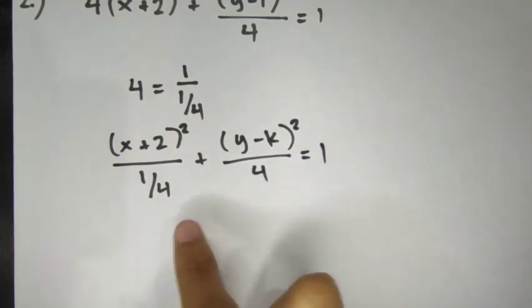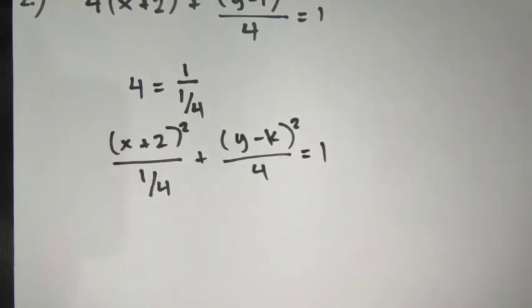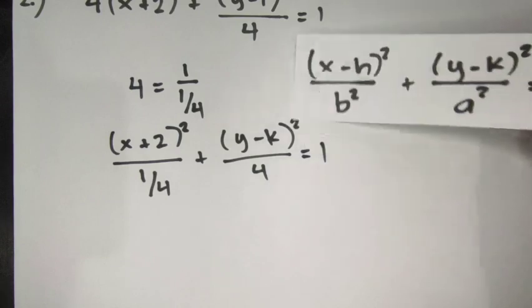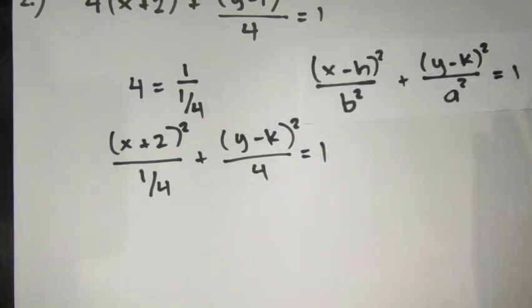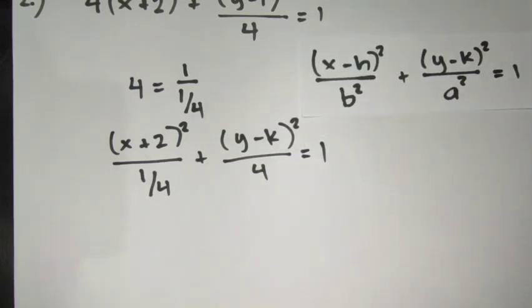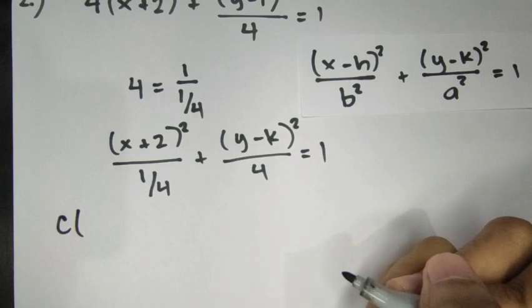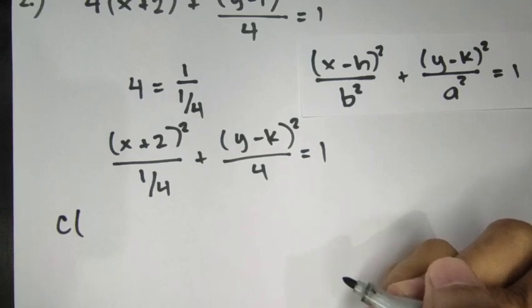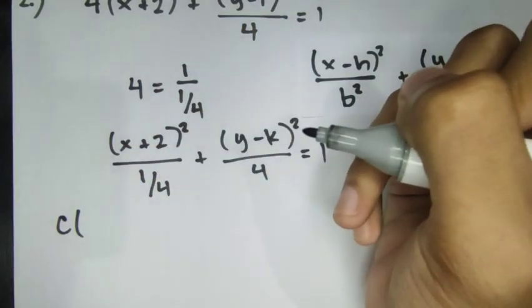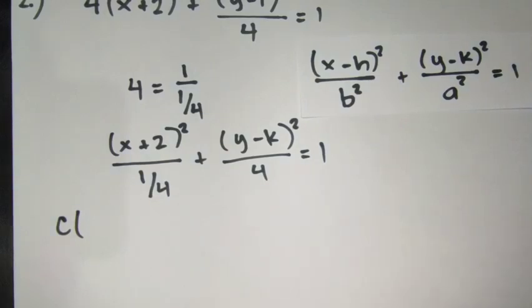You've noticed that we now have our values of h and k. Seeing this standard equation, h would be negative 2 and k would be positive 1. So our center would be (negative 2, positive 1).